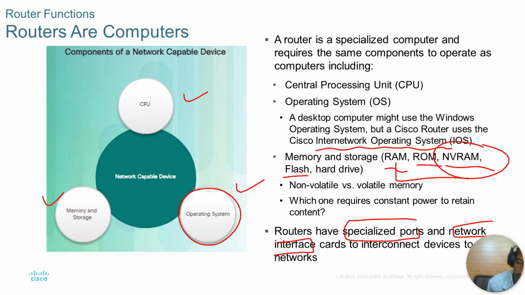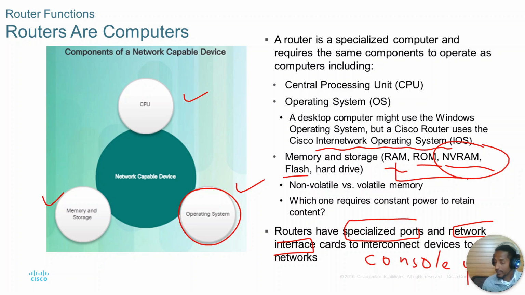We have the console port, which enables us to configure the router. If you don't have a console port, the router cannot be configured. Configuring means we order the router to do some things.